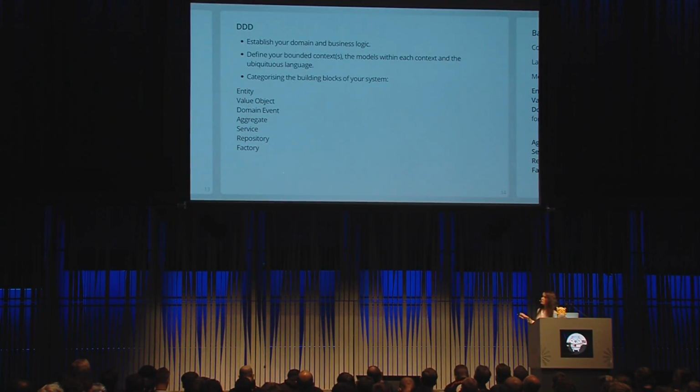So something can be either an entity or a value object, or a domain event, or an aggregate, which is the thing that lets you operate on a group of value objects or a group of entities. Then there are services, which provide some functionality, but without necessarily being value objects or entities.